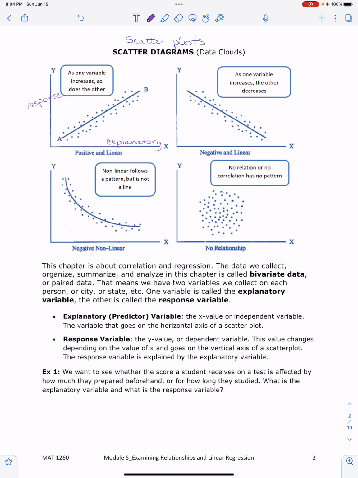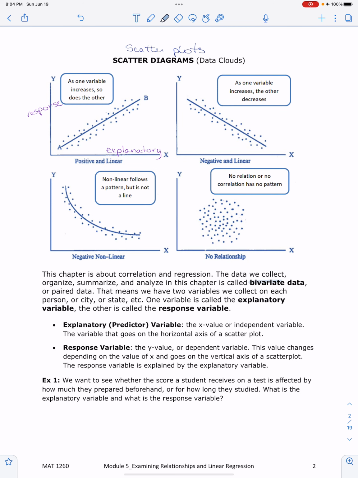Two different things. Okay, when we look through this, we are talking about what we call bivariate data. Bi meaning two, variate means it varies. So we are looking at two variables. We will always have pairs of numbers that go together. Okay.